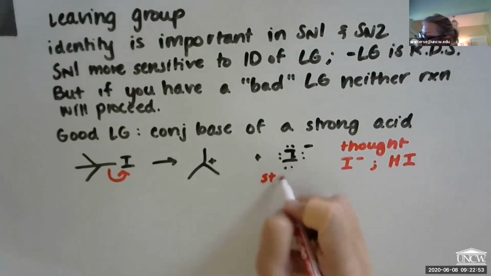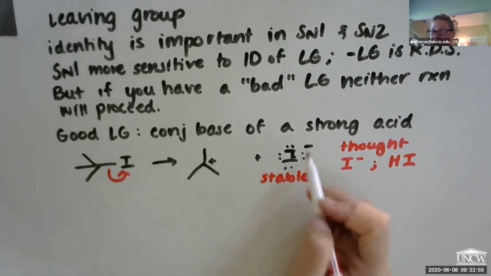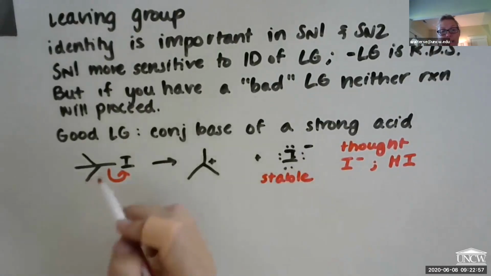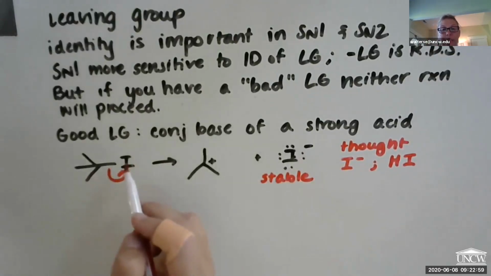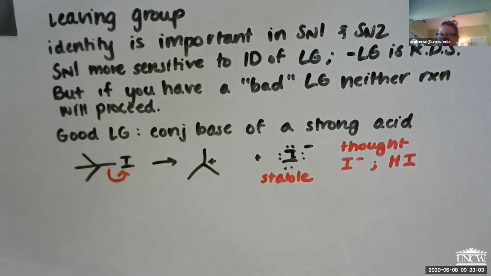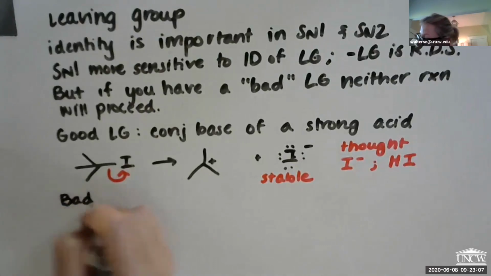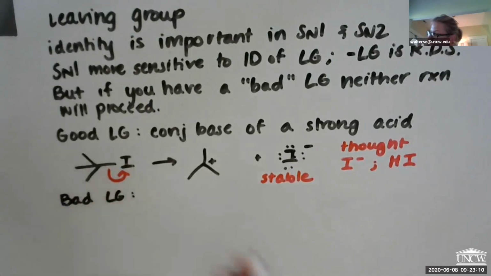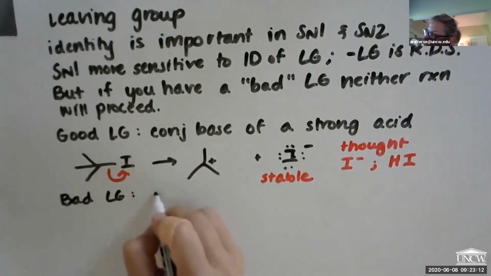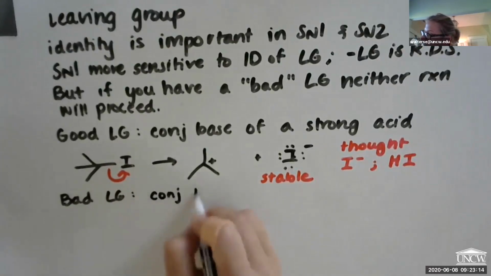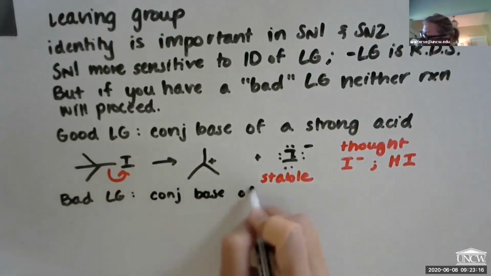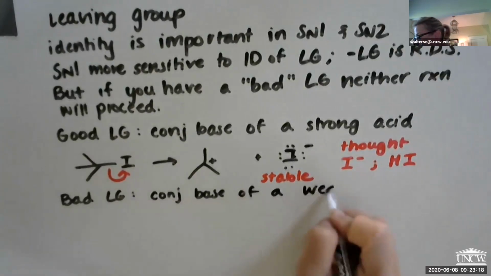So since this is a stable conjugate base, it's easy to leave as a leaving group. Now if we take the same substrate or similar substrate, a bad leaving group is going to be the conjugate base of a weak acid.